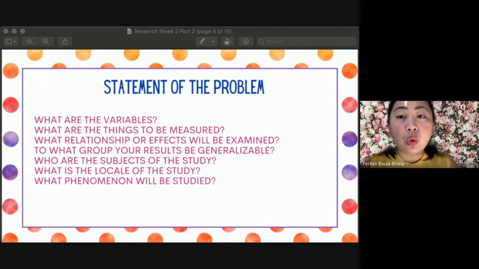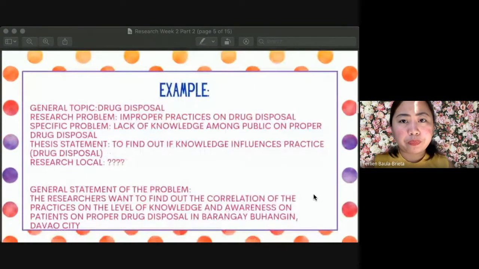You have to know the scope of your population so that you would know how to generalize your results later on. So, who are the subjects of the study? That is very, very important to answer. What is the locale? And of course, the phenomenon that will be studied should be declared also in the statement of the problem. So, all of these questions, you have to answer them, ponder on them one by one.